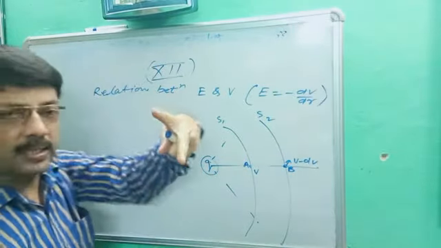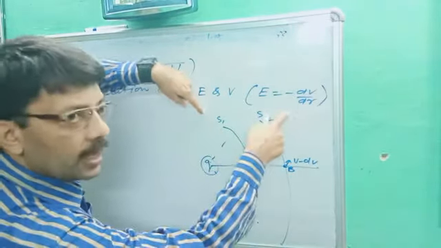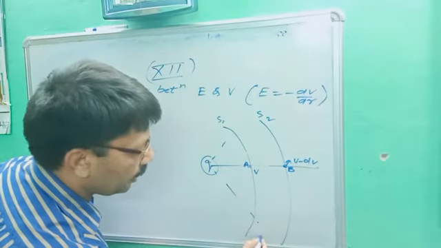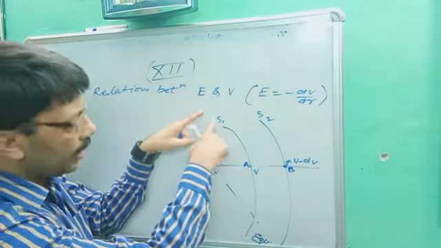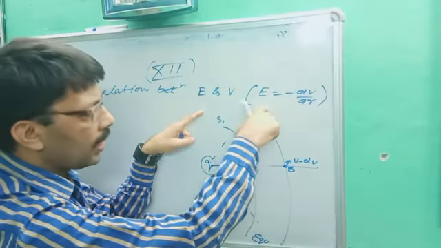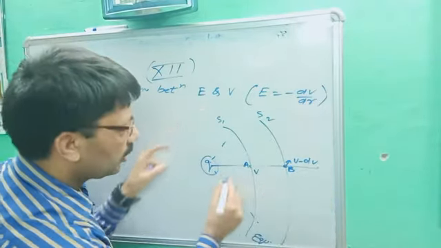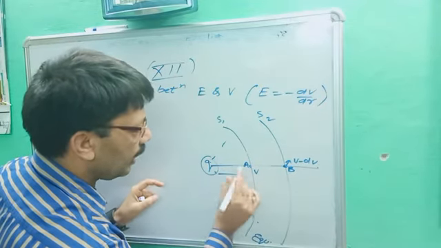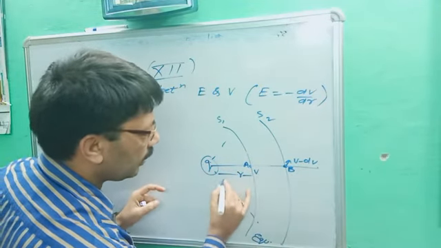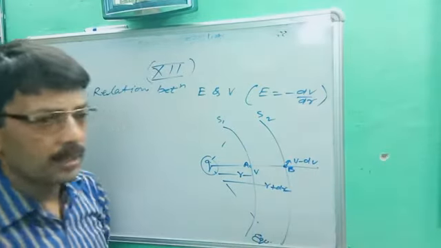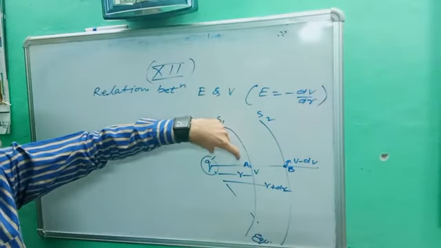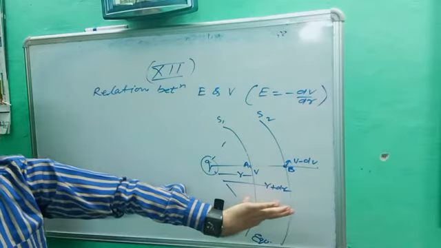So let's suppose we are considering two surfaces, S1 and S2, equipotential surfaces. The potential on S1 is V, the potential on S2 is V minus dV. Let's suppose this surface is at R distance and this one is at R plus dr.